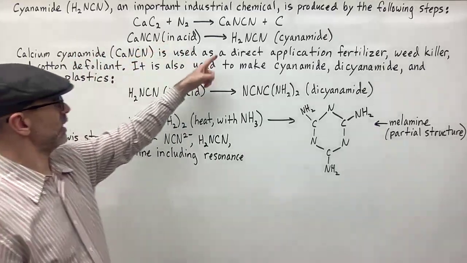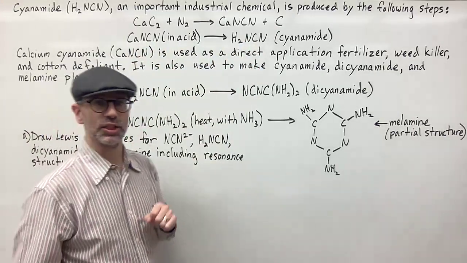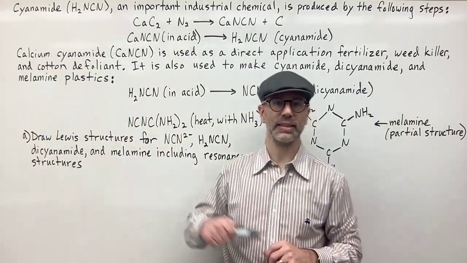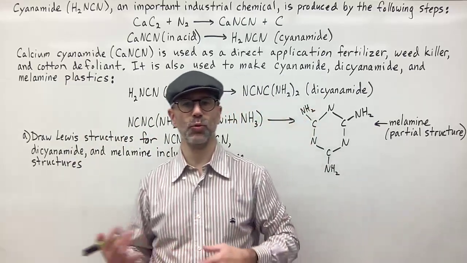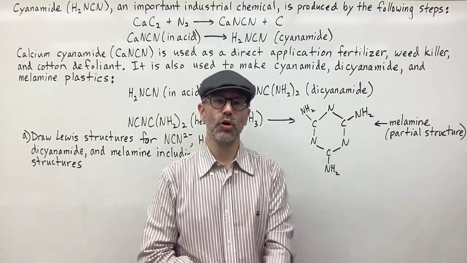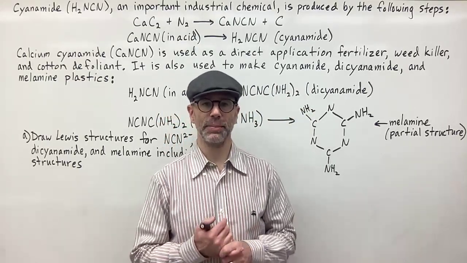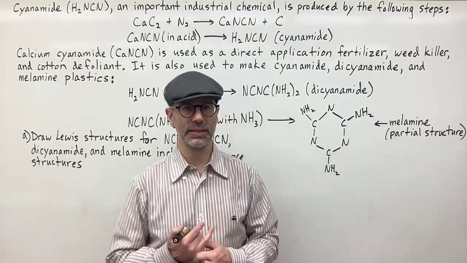That's going to be an acid. It becomes cyanamide. And then it says that calcium cyanamide, CaNCN, is used as a direct application fertilizer, weed killer, and cotton defoliant. So it is also used to make cyanamide, dicyanamide, and melamine plastics.